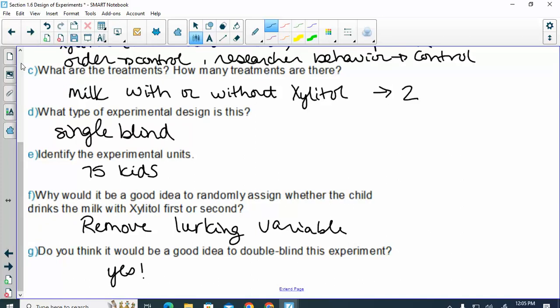Would you have to make it the same color? Yes, you would have to make sure it's the same color. You'd want the cups to be the same, all those things. Some people, like my daughter, really like drinking milk out of a straw. If I gave her one cup with a straw and one cup without, she's going to pick the one with the straw, regardless of what's in it. So everything else has to be the same.